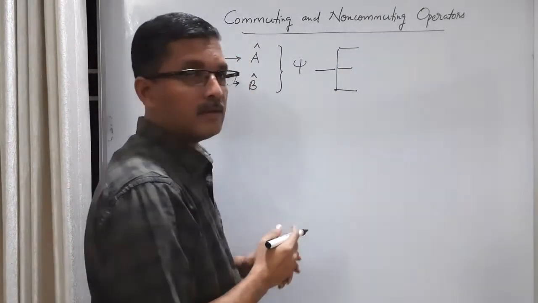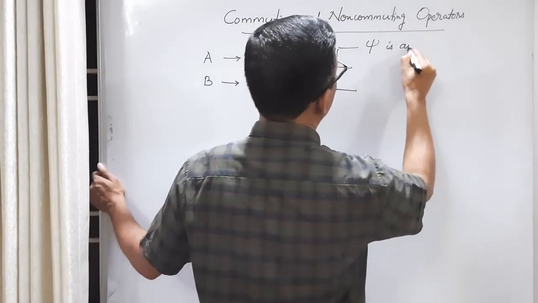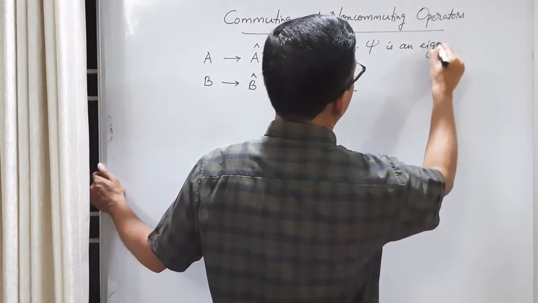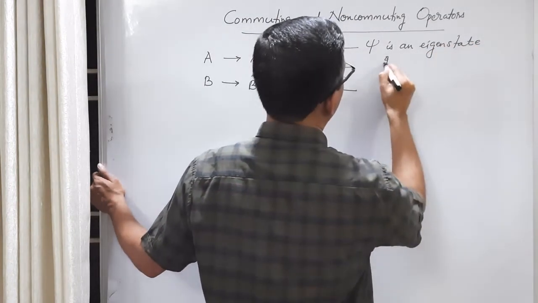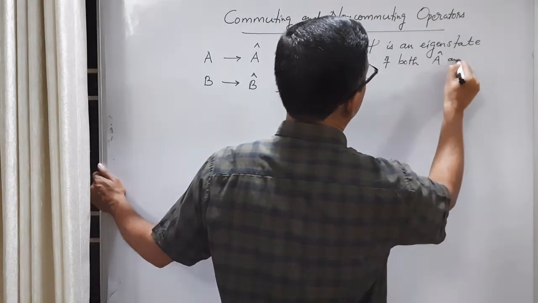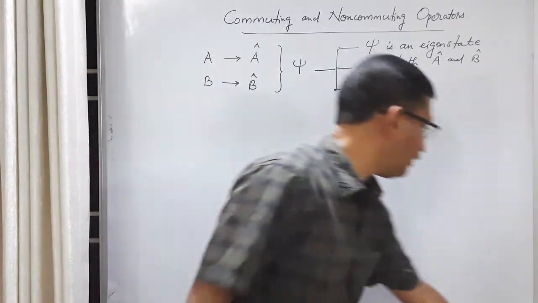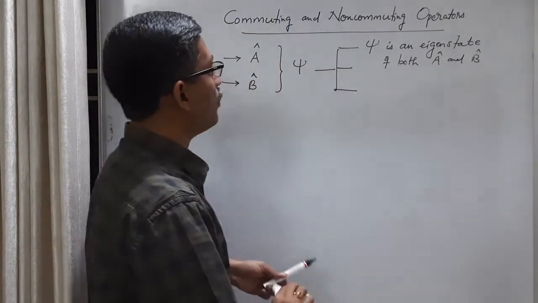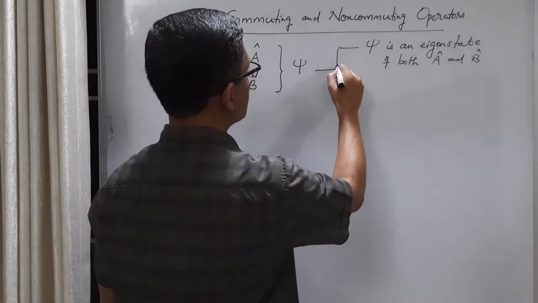One is psi is an eigenstate of both A and B operators. So psi is an eigenstate of operators A and B. This is one possibility.